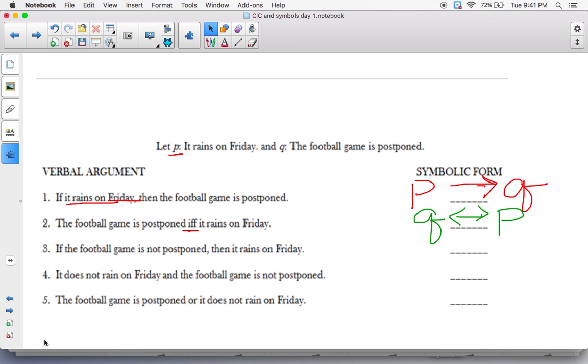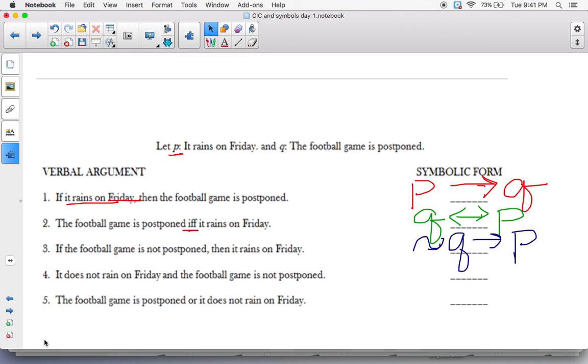It says if the football game is not postponed, then it rains on Friday. So the football game postponed is Q, but it said not postponed. So I have to put a squiggly Q, arrow, P, because it's an if then.